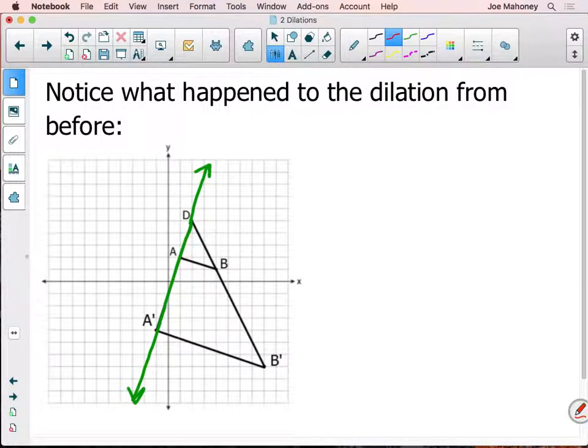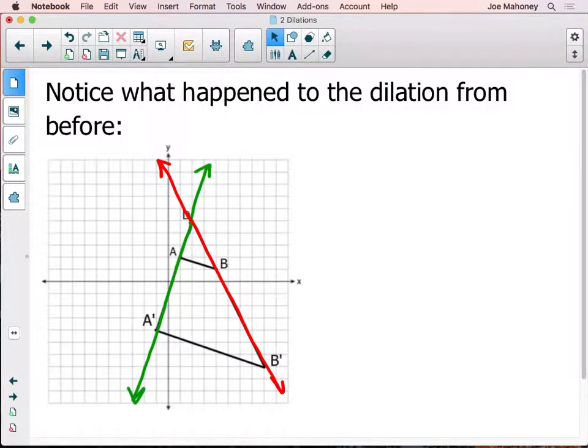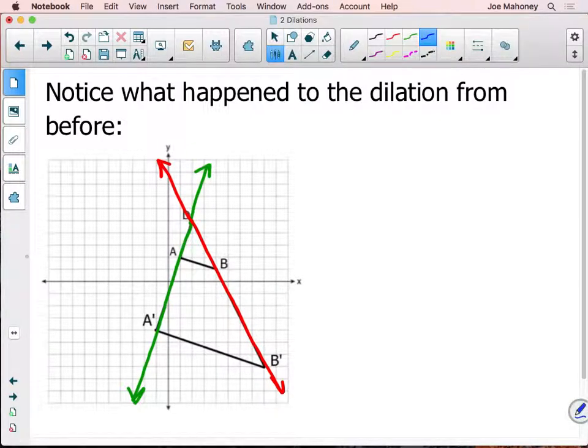And the same with this red line here. You can tell that point B prime was going to lie on that red line. But take a look at the line that contains segment AB. It looks like this line here. Notice that the image is not the same line. The image is actually a parallel line.